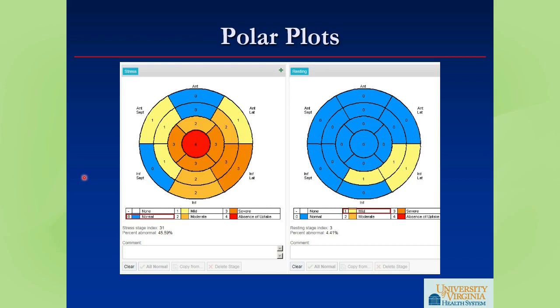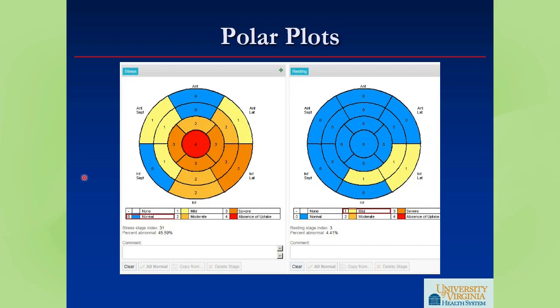So I think it provides really helpful visual analysis. It's also helpful for you, the interpreter, to generate the polar plots and then have the polar plots to the side as you're generating the text that you want to say.